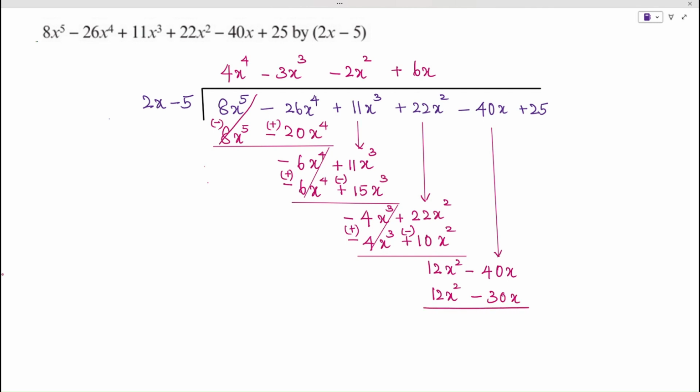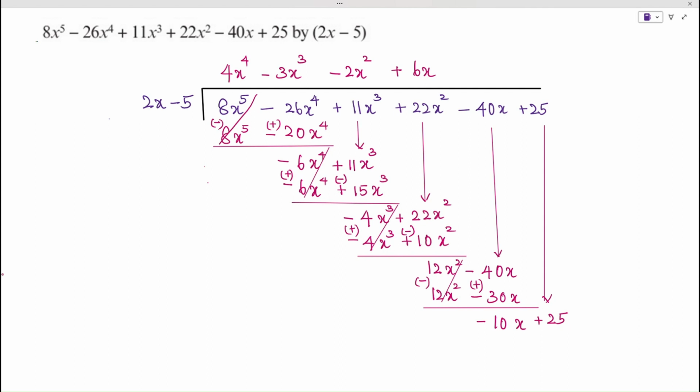Now we're going to subtract our values. So our 12x squared cancel out, and we're left with minus 40x plus 30x, which gives us minus 10x. We bring down our final value, so we get minus 10x plus 25.